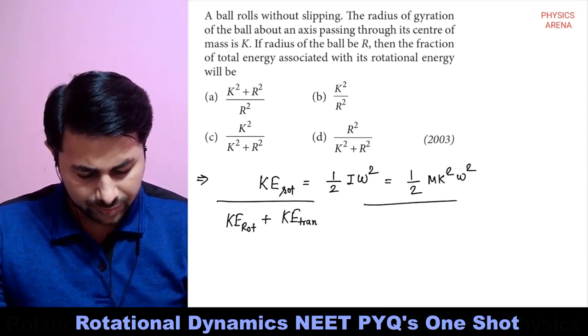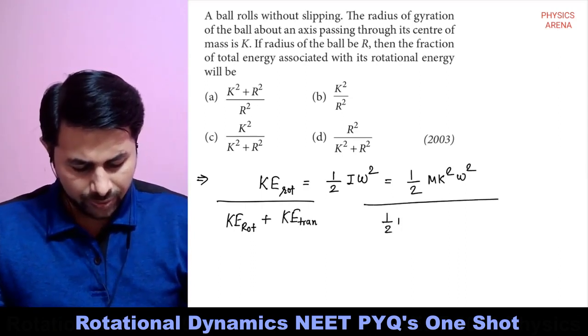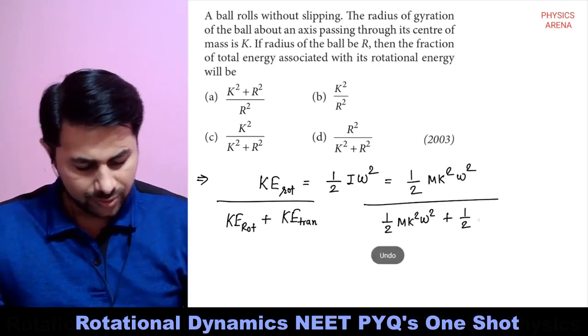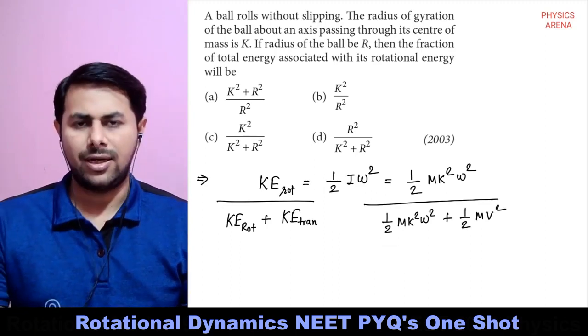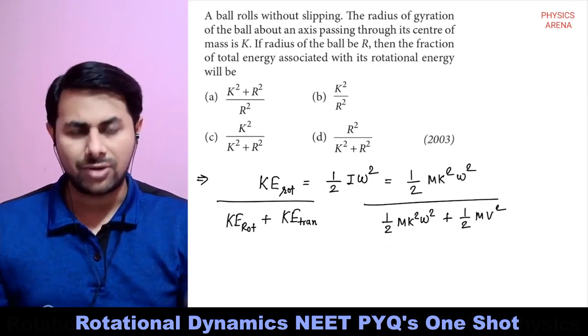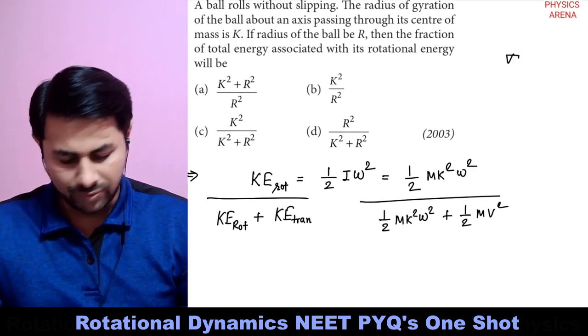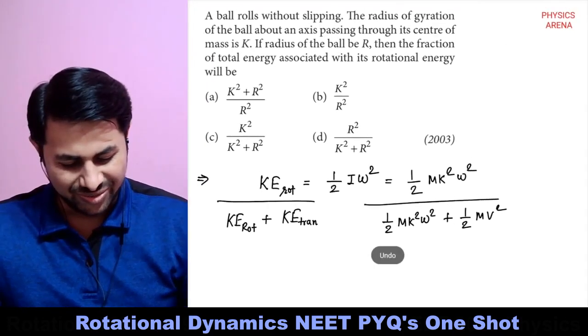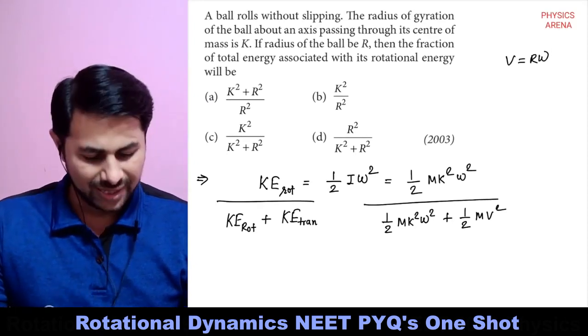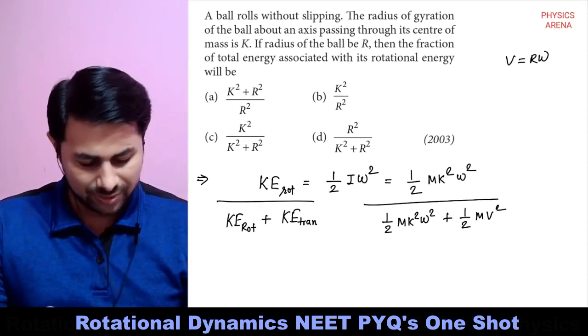So it is half of mk square omega square plus half of mv square. And for a body which is rolling without slipping, we know that v is equal to r omega, right?